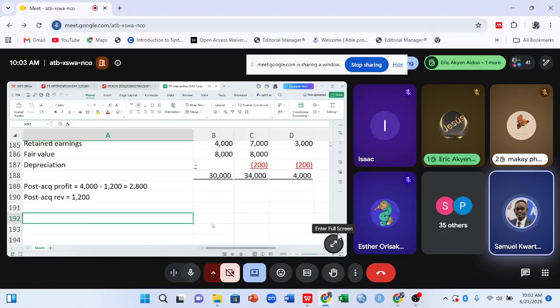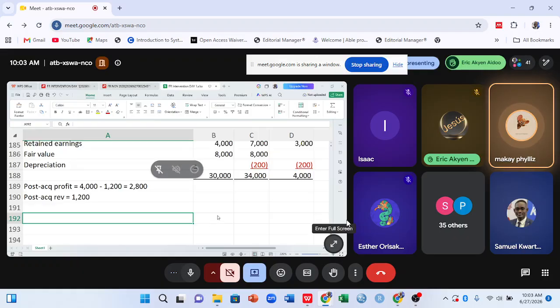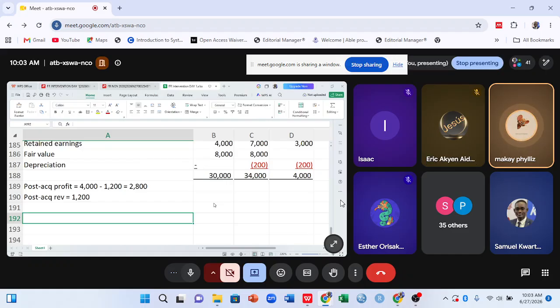Well, is there any other? I think there were several hands. Yes, please go ahead. So, in the event where what we are used to is starting with the net asset of the subsidiary before getting to the NCI, how do we still arrive at the retained earnings figure at acquisition, or we will still, per this question, have to calculate that one?